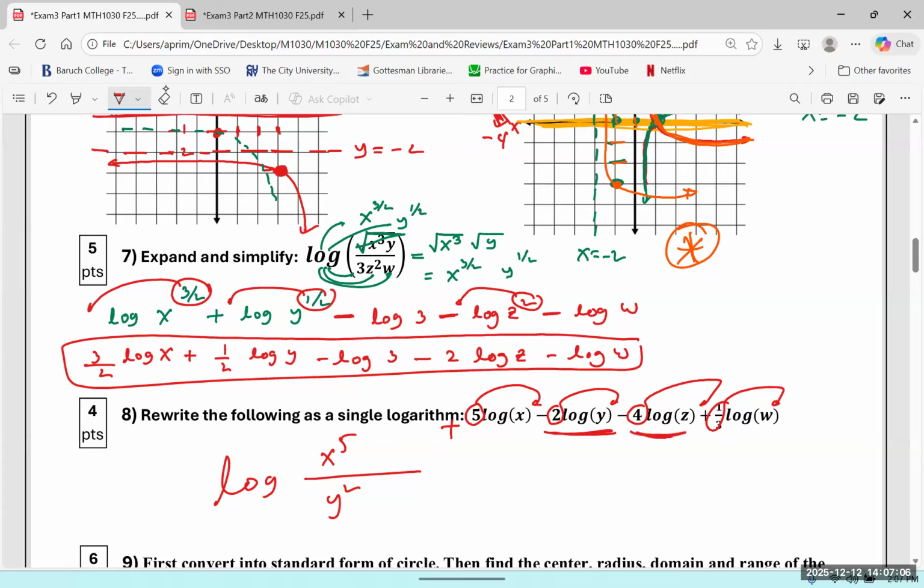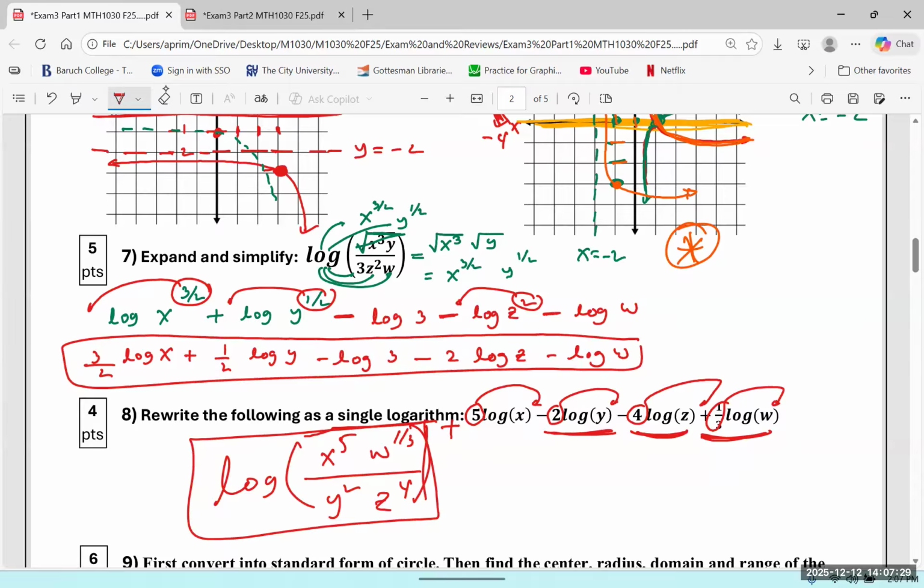The next one is minus, so z to the 4 on the bottom. And then this one is plus, so w to the 1/3 on the top. Oh, and you put a parenthesis here. It's fine. So most likely it's multiple choice. You're just going to see the multiple choice.